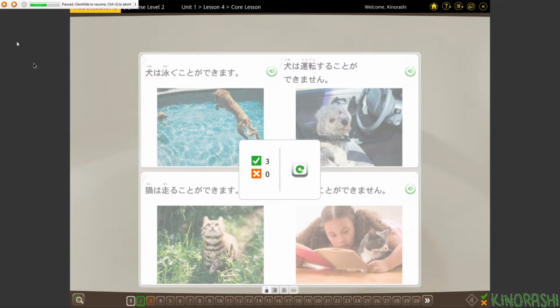Let's see if I can find some more information on this. Nihongo ga sukoshi dake dekimasu.